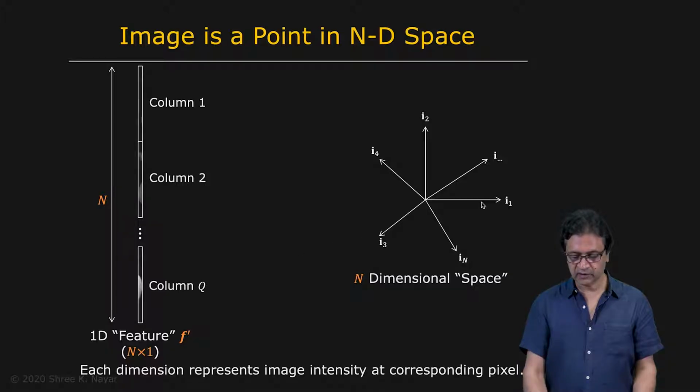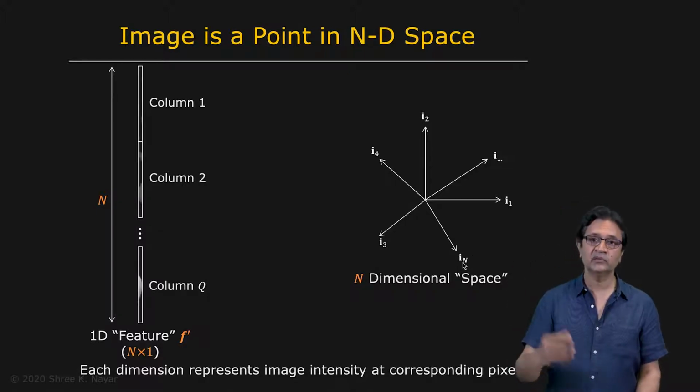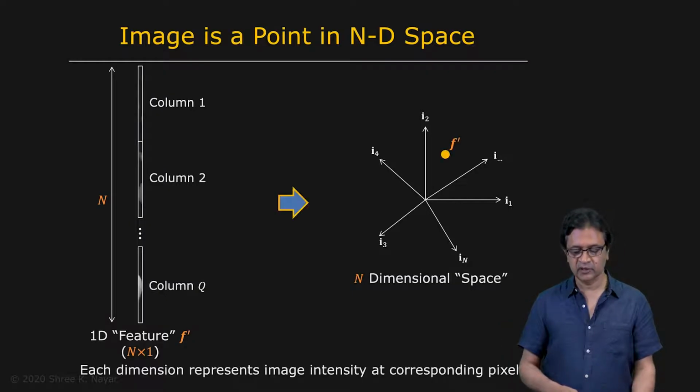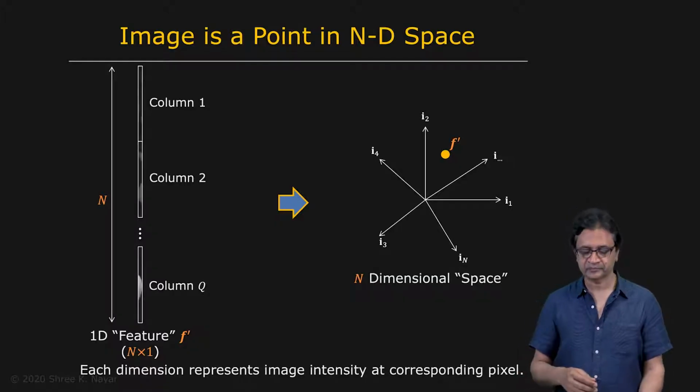So this vector right here, I1, is a unit vector, and that unit vector is used to represent the brightness in pixel number 1, then you have pixel number 2, and so on, all the way to IN right here. This is your n-dimensional space. So in this n-dimensional space, where the dimensionality equals the number of pixels, your image as a vector right here is simply a point, f prime.